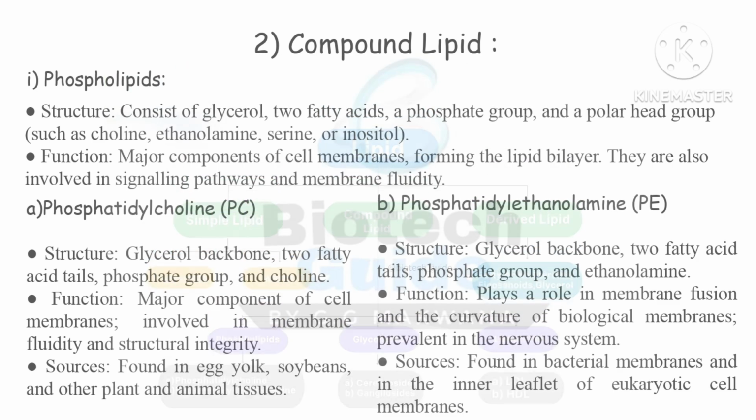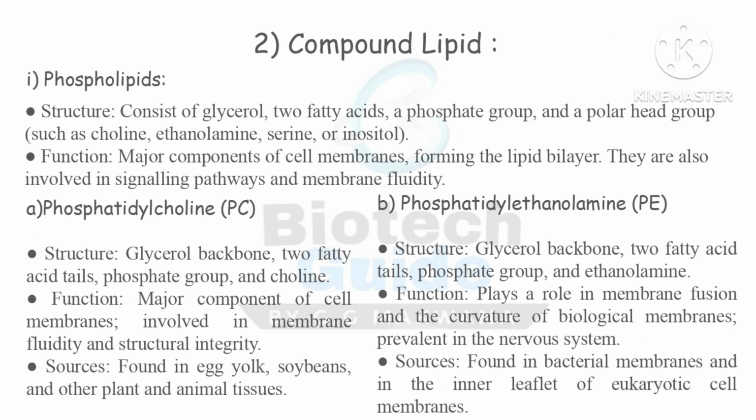First is phospholipid. The structure consists of glycerol, two fatty acids, and one phosphate group. Again, glycerol, fatty acids, and one phosphate group. That's why the name suggests phospholipid. And a polar head group such as choline, ethanolamine, serine, or inositol.